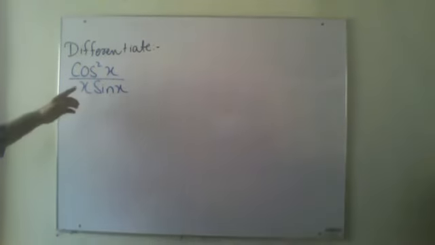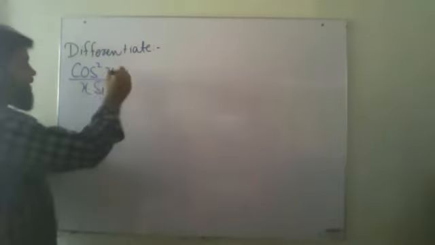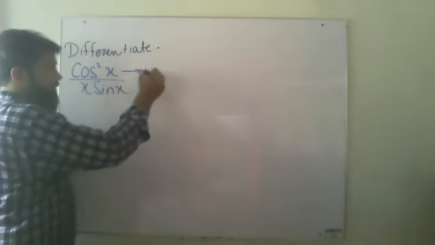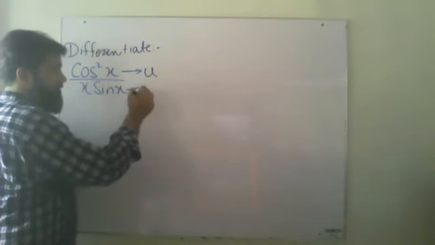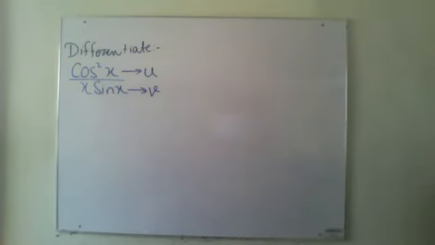So this is one more question, and we have to differentiate it. First thing, it's given in a quotient form. cos²x is in the numerator, x sin x in the denominator. So I'm going to write the numerator as u, and my denominator will be v.